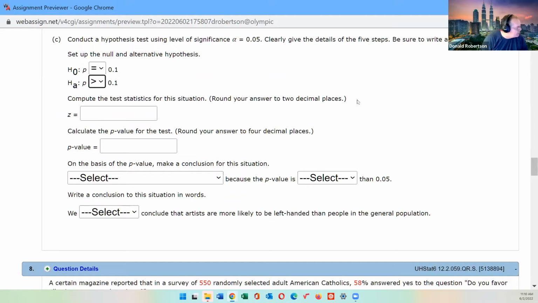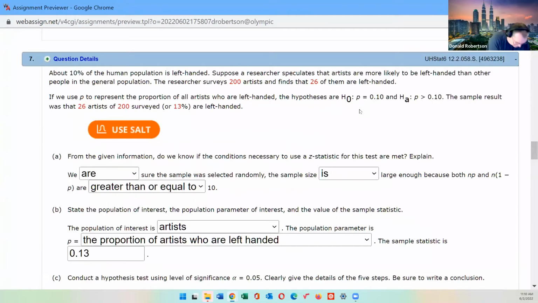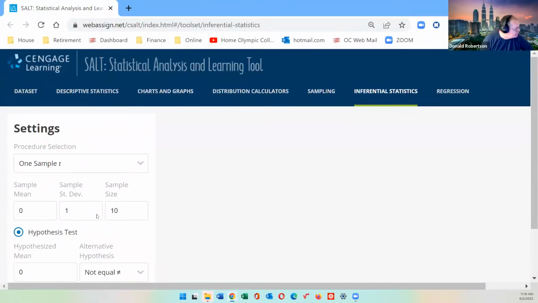Now I'm going to write down some numbers here. It's 26 out of 200. That should be all I need. And I'm going to hit the SALT button and bring it over here.